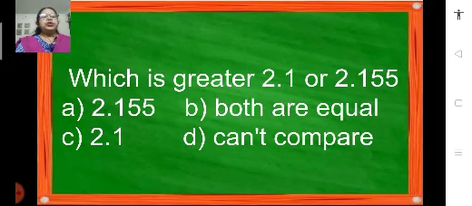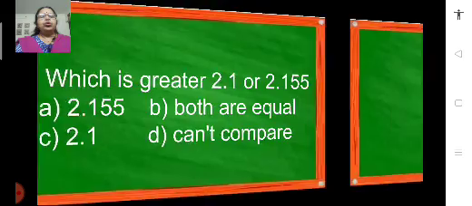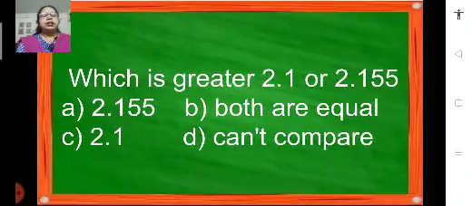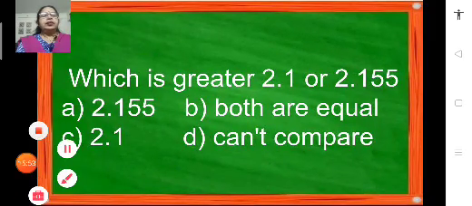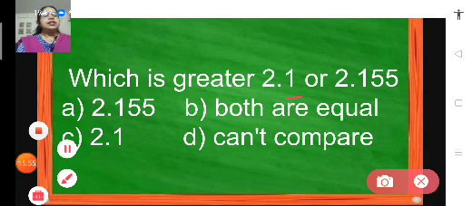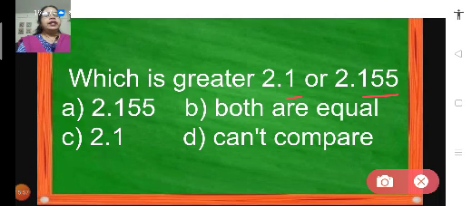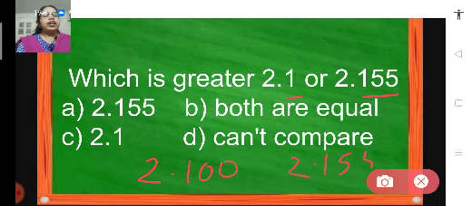Next one is, which one is greater, 2.1 or 2.155? Again we have two decimal numbers where the decimal places are different, isn't it? Here we have 2.1 and here we have 2.155. So we have to make them like decimals first. So we make them like that, 2.100, we add 2 zeros, and the other number is 2.155.